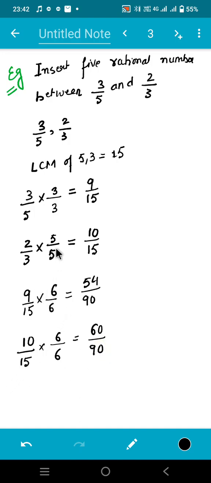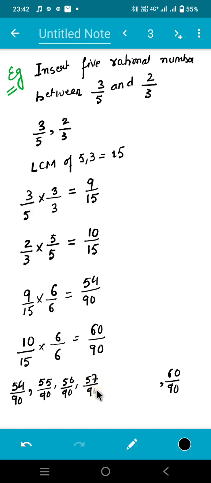Fine. Now we'll insert 5 rational numbers between 54 by 90 and 60 by 90. So what are the required rational numbers? 55 by 90, 56 upon 90, 57 upon 90, 58 upon 90 and 59 upon 90.